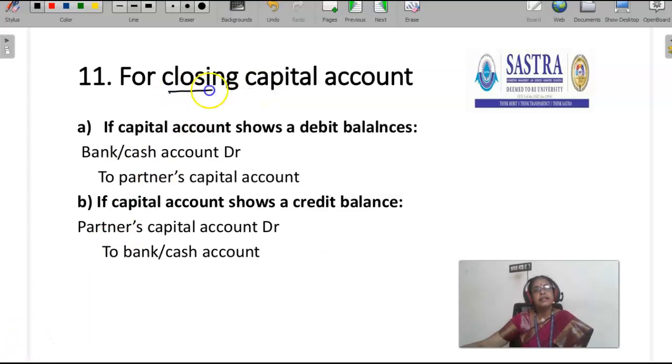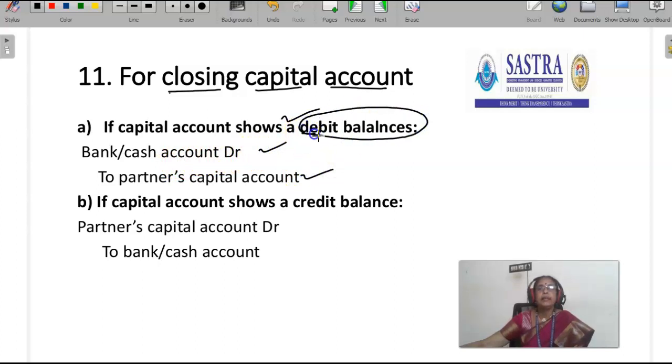Then the next step is they have to close the capital account. If capital account shows a debit balance, bank or cash account debtor to partner's capital account. If the capital account shows a debit balance, the partners should bring cash. If capital account shows a credit balance, the entry would be partner's capital account debtor to bank or cash account.